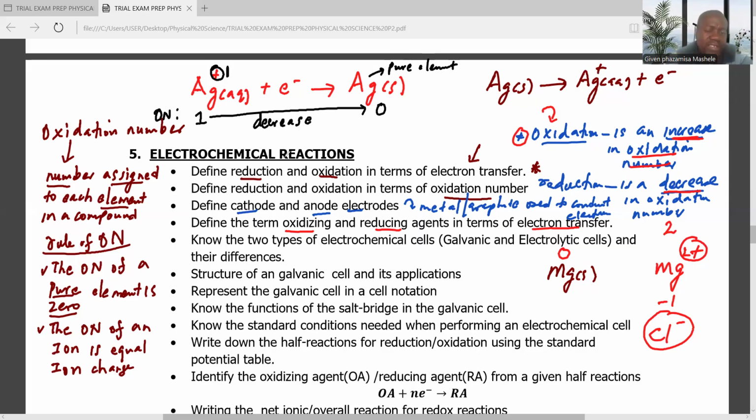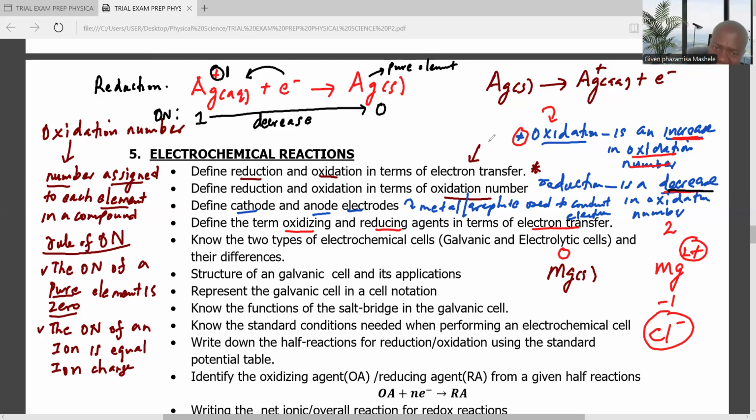The oxidation number is decreasing. So when there is a decrease in oxidation number, this reaction undergoes reduction. It shows that this silver ion has gained electrons to form silver.